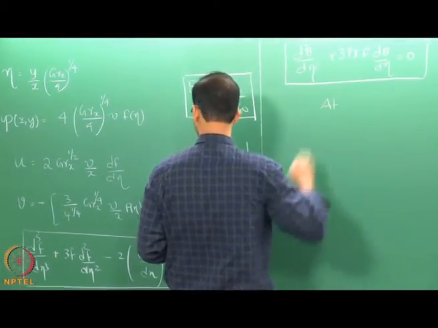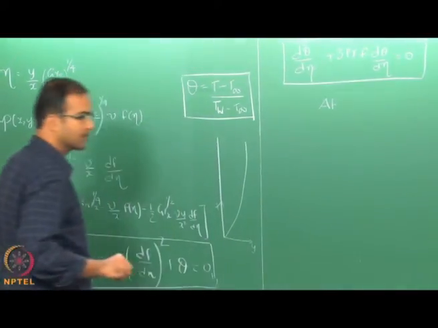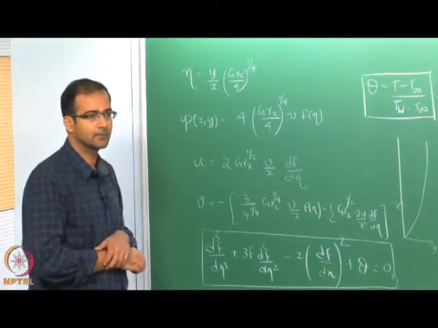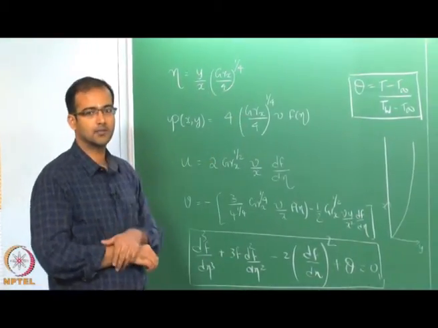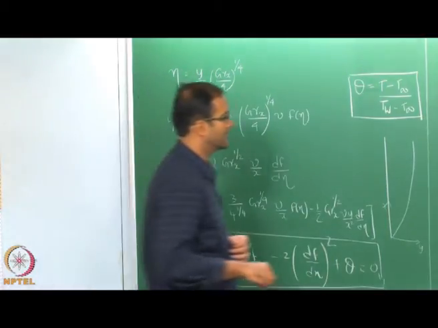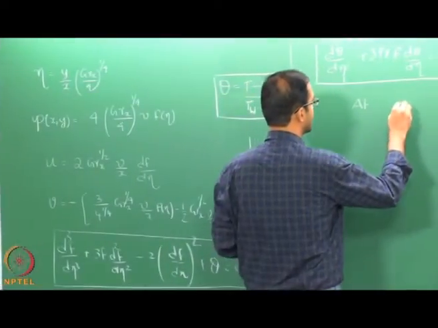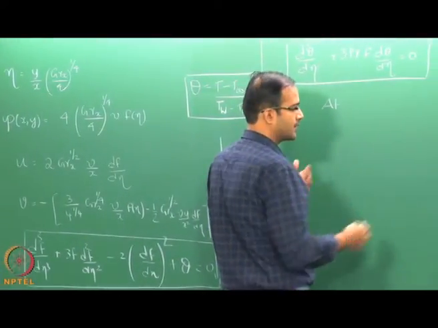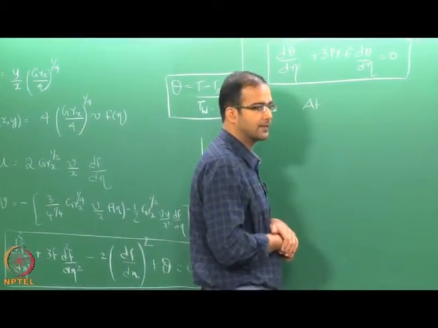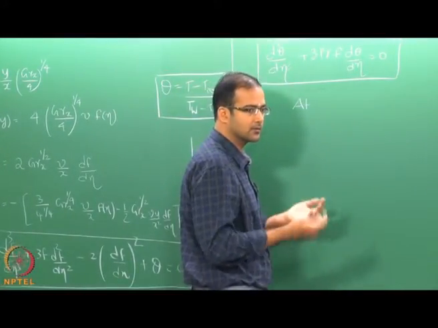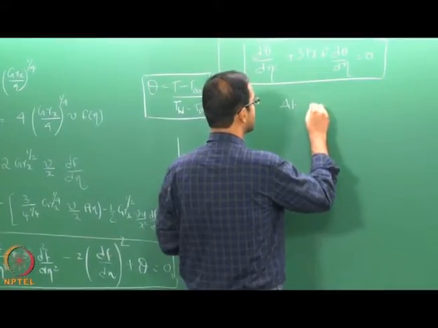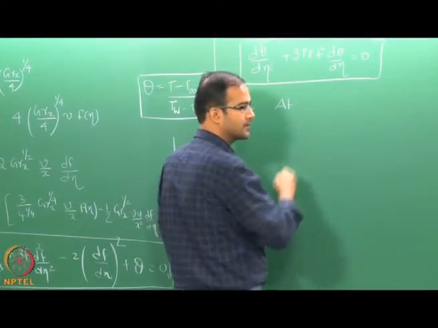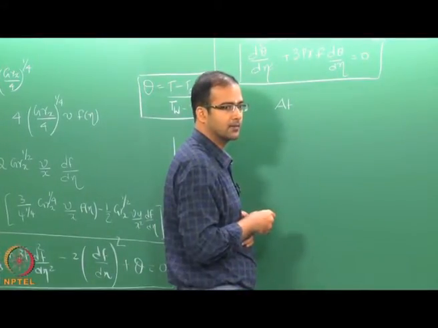To solve this we need to define 3 conditions for f and 2 conditions for theta. When we do this transformation from psi, which is a function of x and y, to eta, we apply also the transformation for the similarity variable eta.